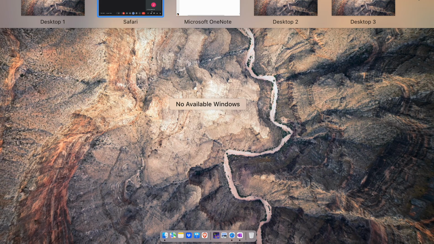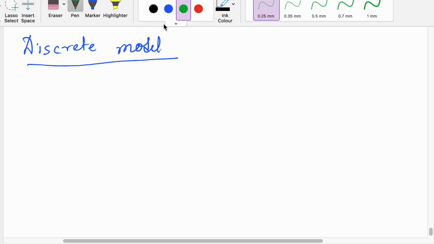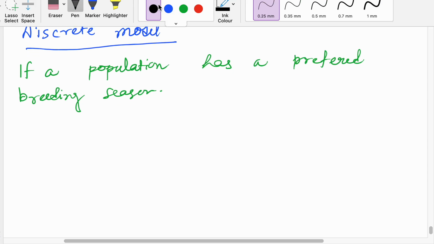Right, exactly, that's the correct thing. So if a population has a preferred breeding season, this is the correct statement, then we cannot see time as continuous.